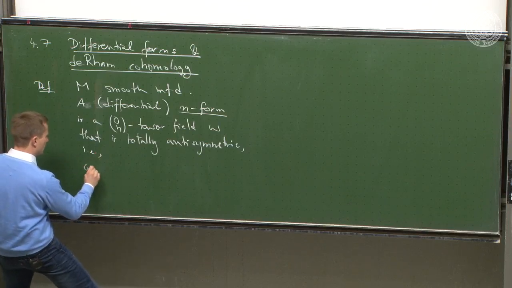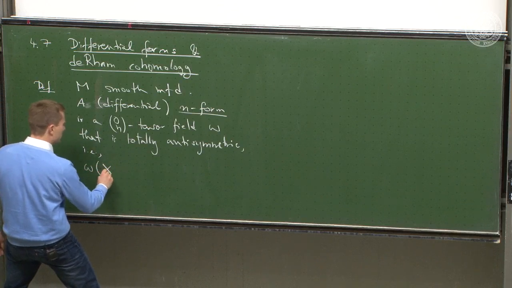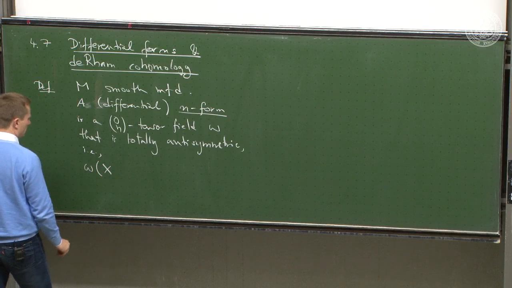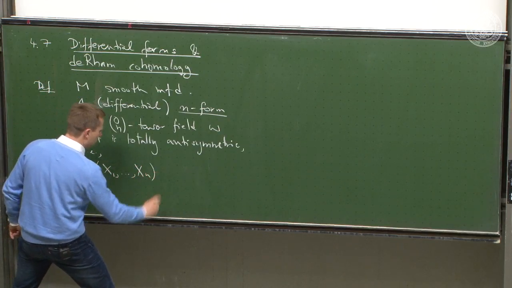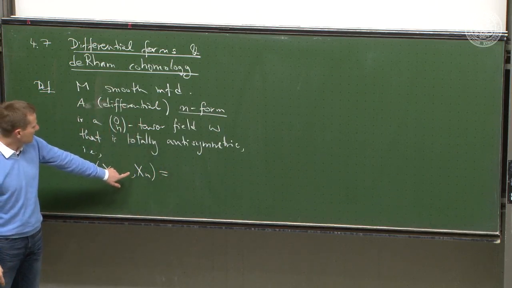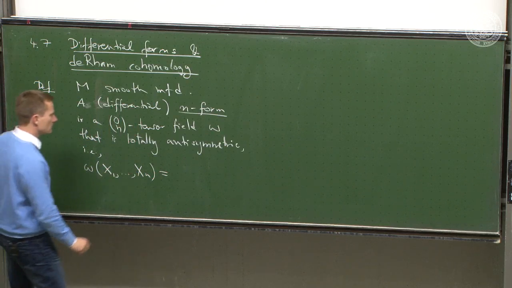if you consider omega, you evaluate it on its n entries, and because it's a (0,n) tensor field, it eats n vectors, X1 to Xn, and the idea is you pick up a minus sign if you exchange any pair of entries.